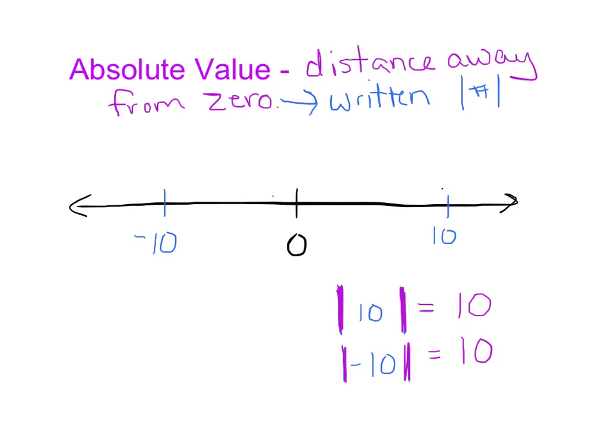So if I count this, negative 1, negative 2, negative 3, negative 4, negative 5, negative 6, negative 7, negative 8, negative 9, negative 10, I will have had to count 10 spaces. Much like I would here.